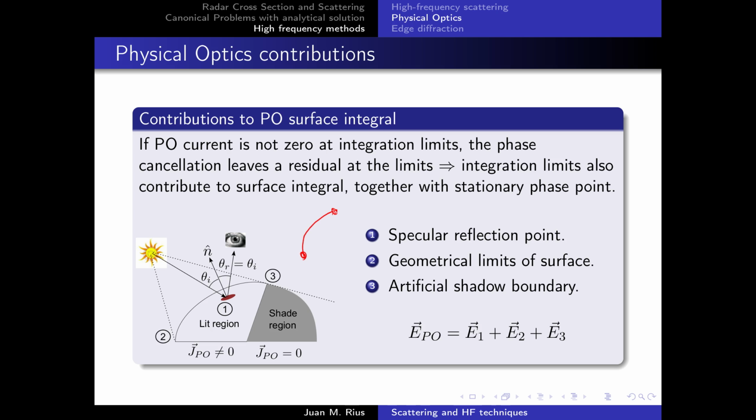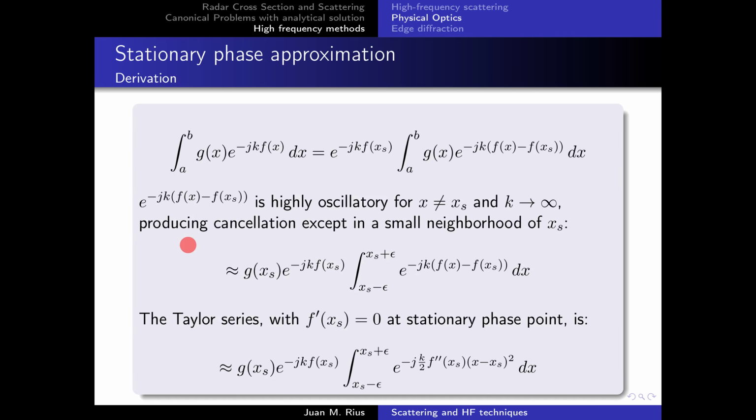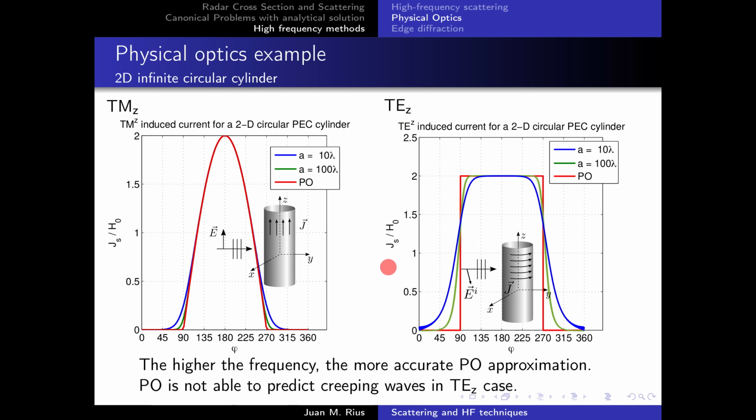But we can also have contribution number 3 here, the artificial limit between the lit region and the shadow region, because it depends on the polarization of the current. But for example, in the TE case, observe that in the TE case, the current decreases smoothly from the illuminated region to the shadow region.